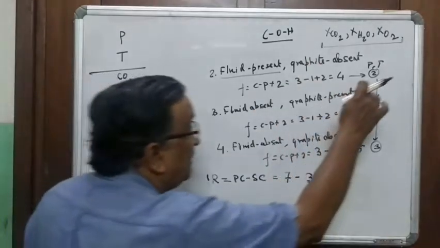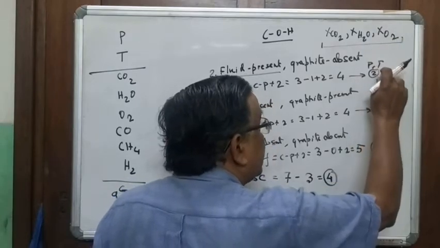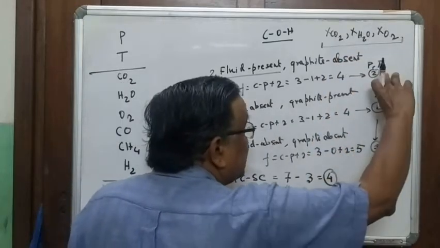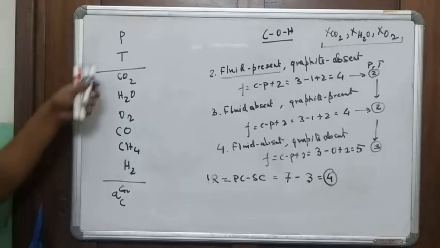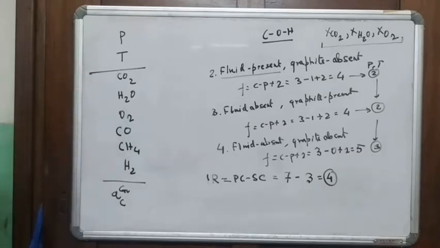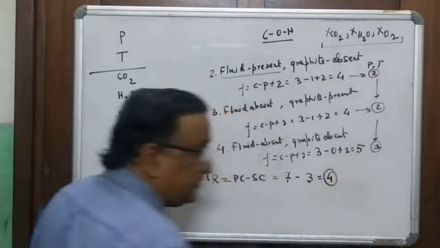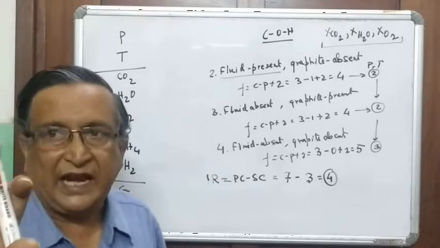So here, for example, at a known pressure temperature condition, for fluid present, graphite present, it will be 2 plus 4, 6 variables. You can find out 6 variables. Why? You see, there are 2 variables here and 4 independent reactions. So you're inputting 2 values and you have 4 reactions.